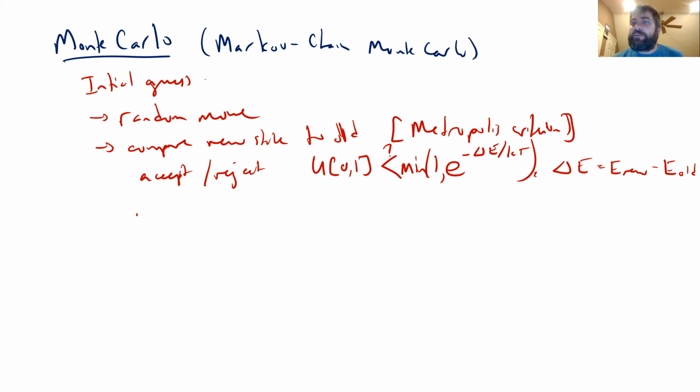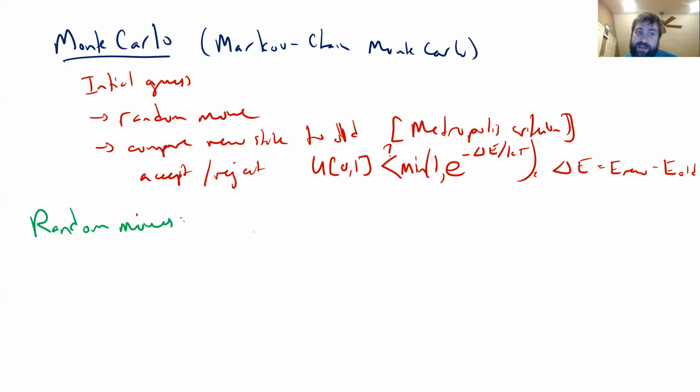There's no reason that we have to limit ourselves to this kind of random move. And so in the context of protein design, we can really map this algorithm onto the protein design problem simply by changing what we mean by our random moves.